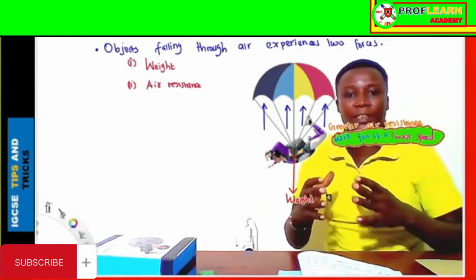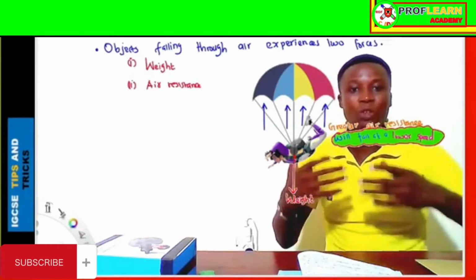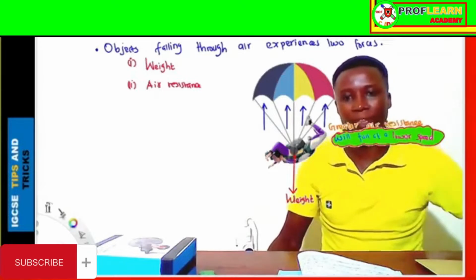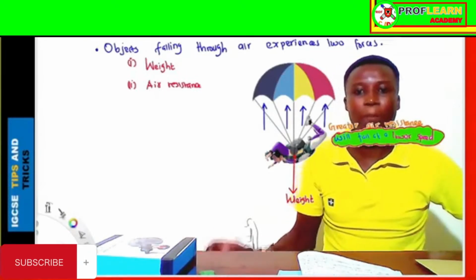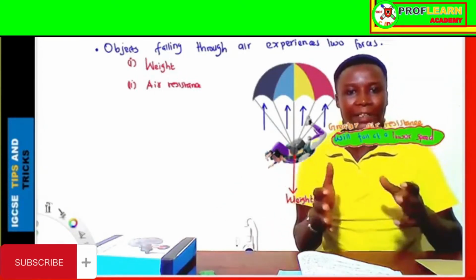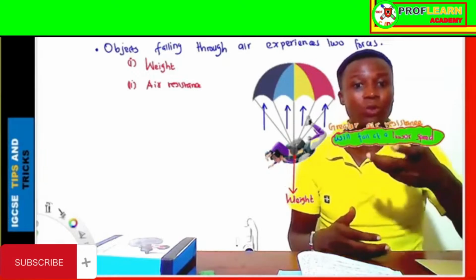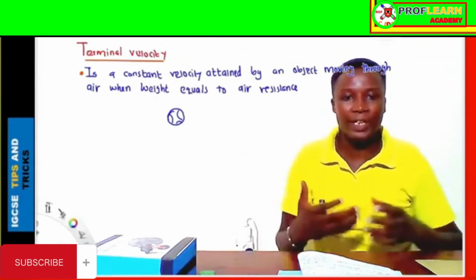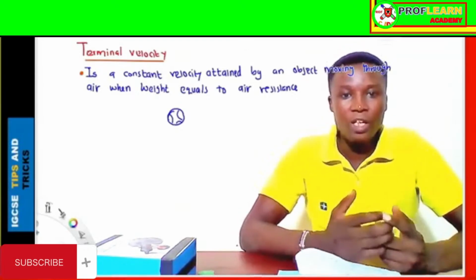And if there is a larger air resistance, this person is going to fall at a lower speed. So the purpose of a parachute is to enable the parachutist to land at a lower speed, and that's going to reduce the injuries.